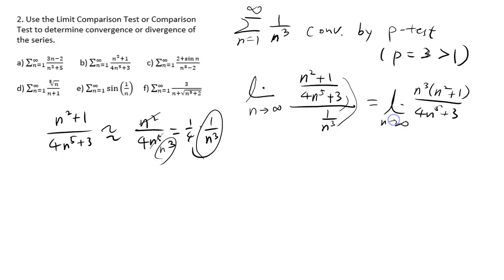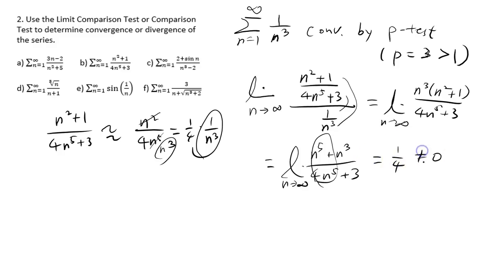Limit n going to infinity, that's n to the 5th plus n cubed over 4n to the 5th plus 3. And once again, we see that the dominant terms are n to the 5th and 4 times n to the 5th, so it's 1 over 4, which is not equal to 0.